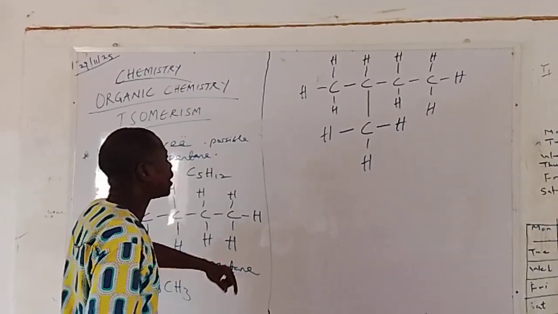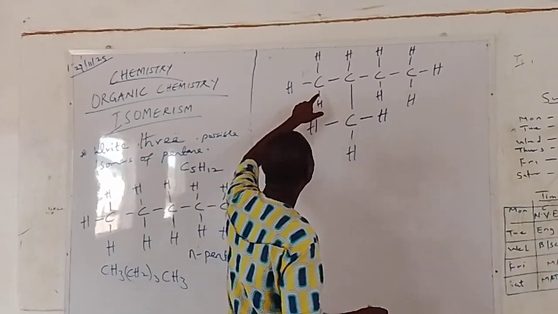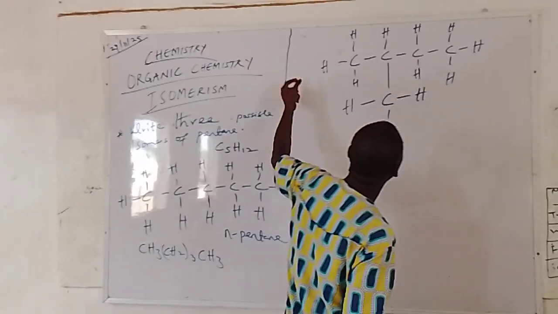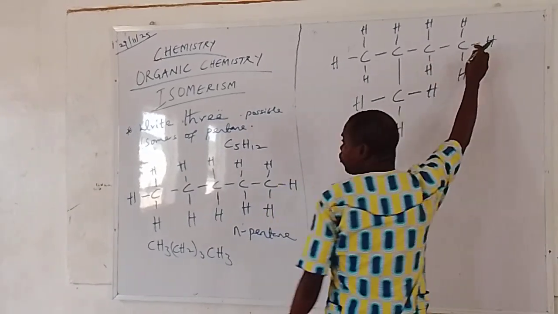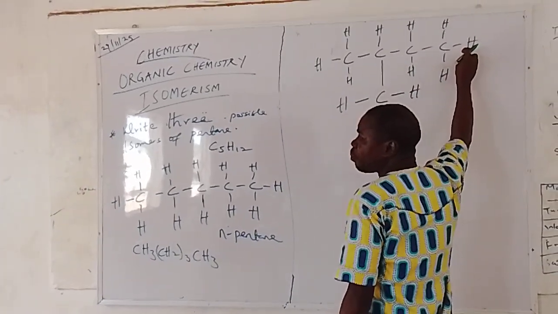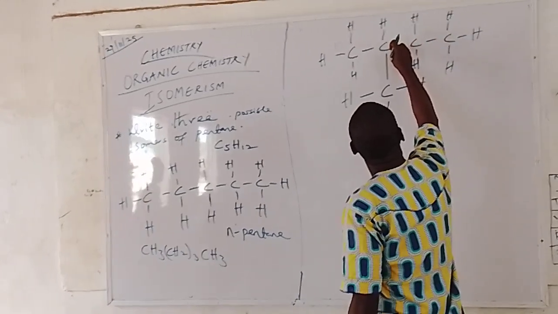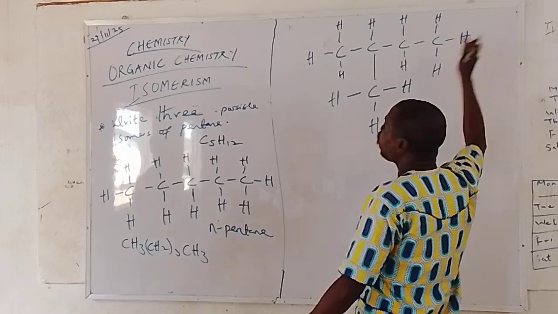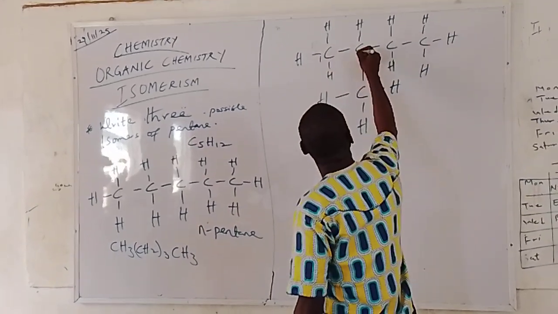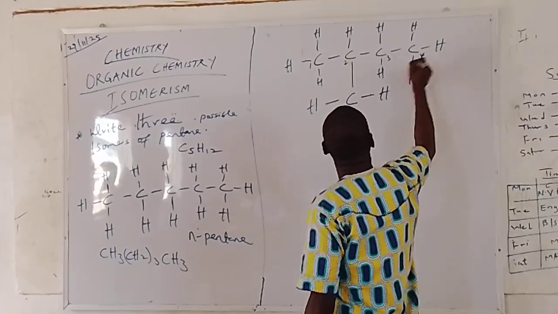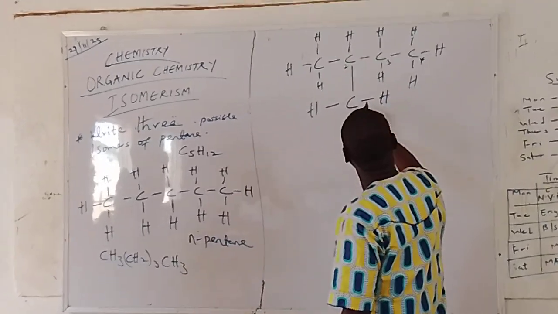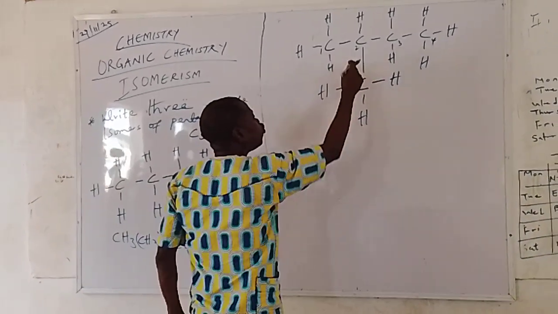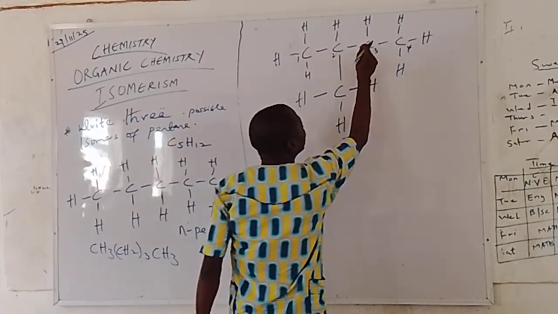So now the new structure, I can rename it. This one is n-pentane. I want to name the new one now. I will start my counting from the carbon atom that will give me the longest possible chain. If I start from here, I get 1, 2, 3, it's very short. But if I start from here, I will have one long chain: 1, 2, 3, 4. So carbon 2 is carrying a methyl.